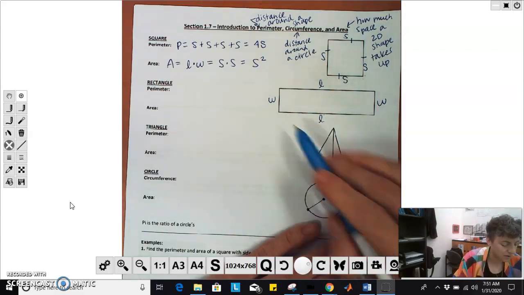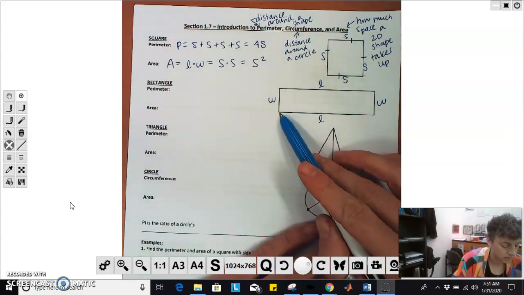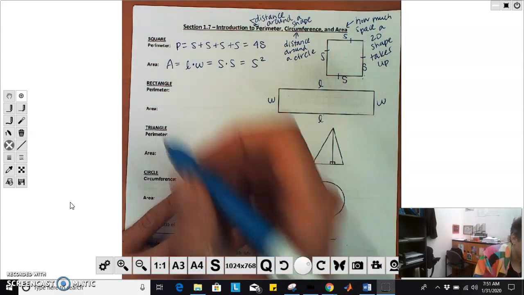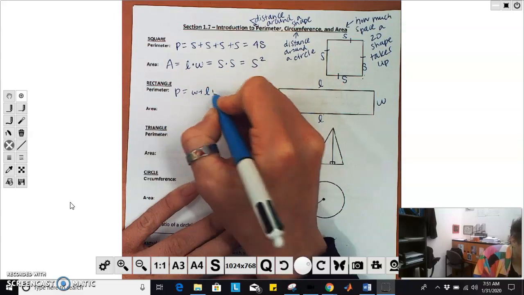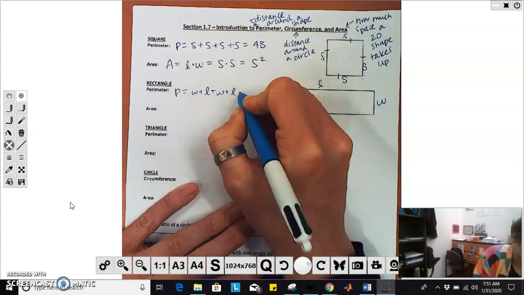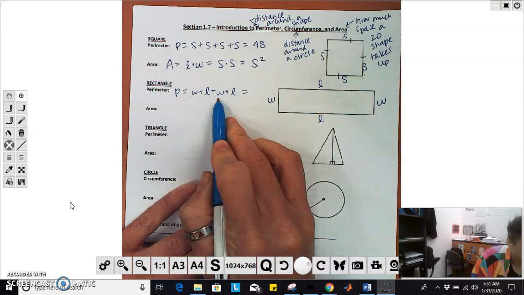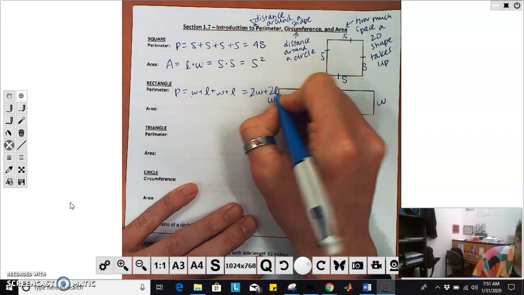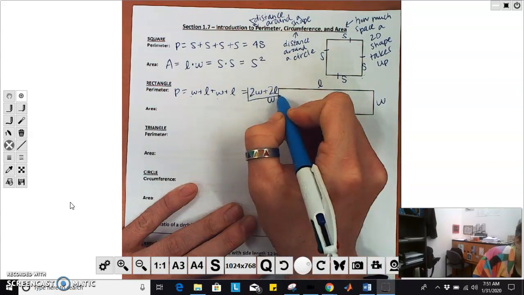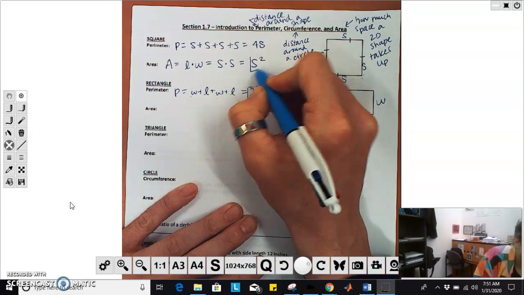Perimeter means add them all up. W plus L plus W plus L. P equals W plus L plus W plus L, or 2W plus 2L. Maybe we'll put boxes around these guys.